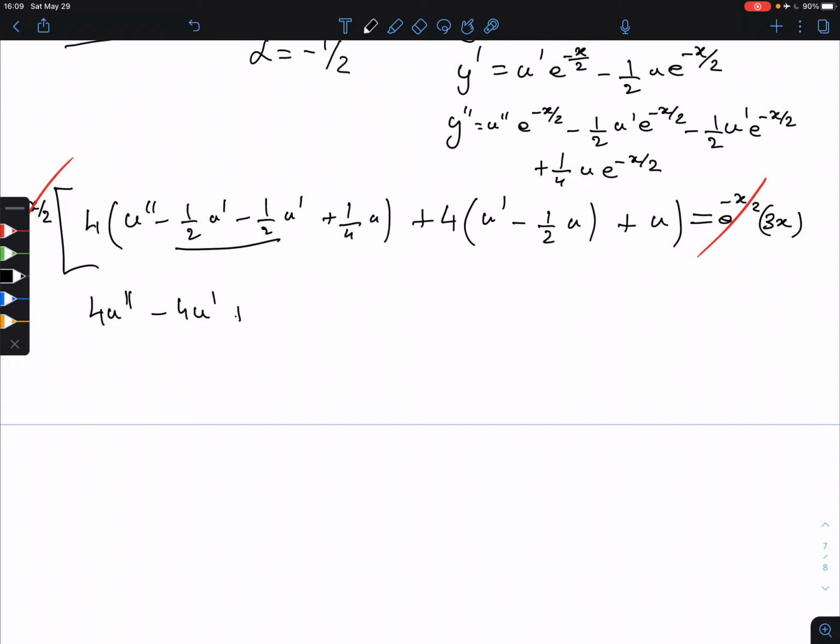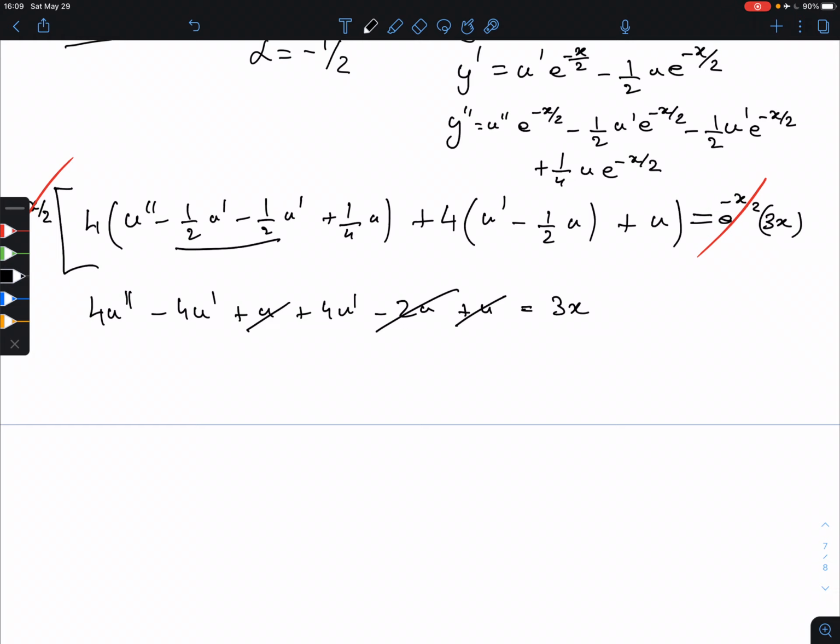Then 4 times the minus a half u, that's minus 2u, plus 4u prime, and plus u. Okay, and that is equal to 3x. So let's see what we have. Yeah, the u's cancel, you were right. It's exactly what we expected.